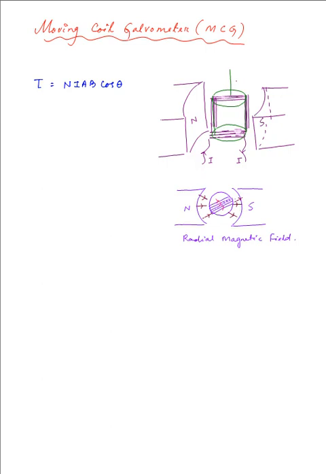So with radial field lines, theta gets reduced to 0 degrees, cos theta goes to 1, and so the torque now has a fixed value which is simply NIAB. This is the magnitude.